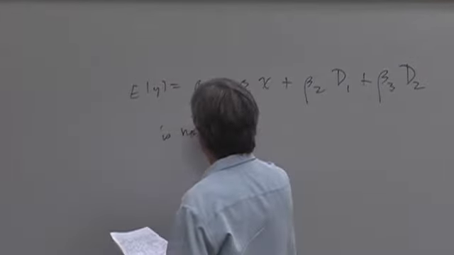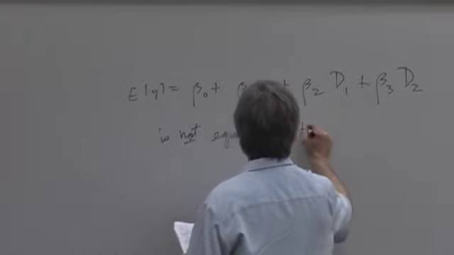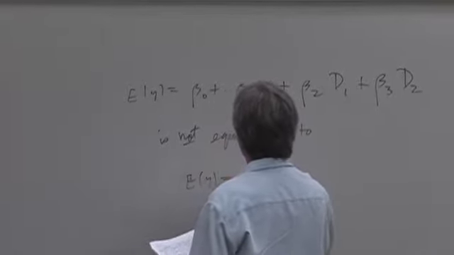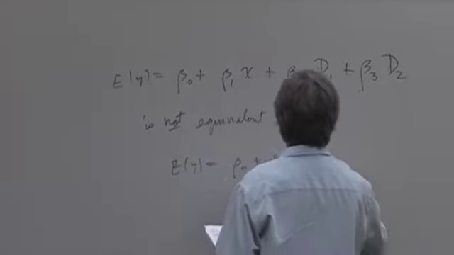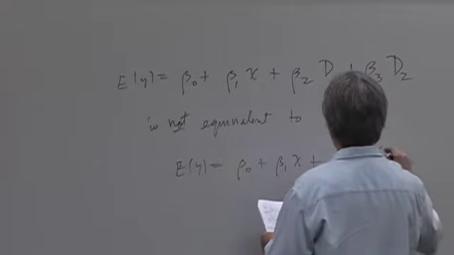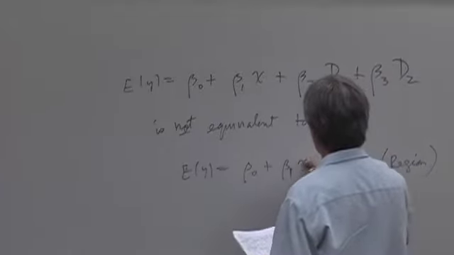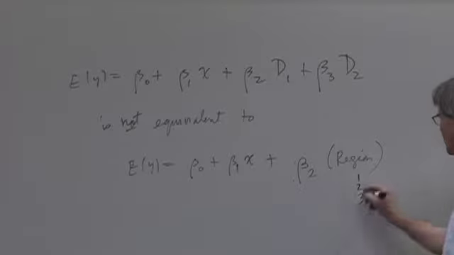that is not equivalent to EY equals beta 0 plus beta 1 x plus another parameter, beta 2 region, where region takes the coded values 1, 2, and 3.